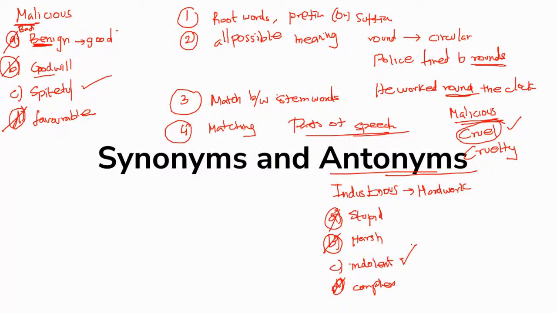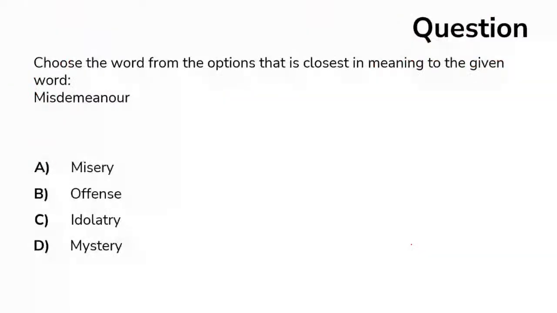So by the logic of these four tips to solve synonyms and antonyms, you can find out the answers for these. So moving on to the exercise part. This will be your first problem. Please try to give your answers, and I'll give you a minute to find the meaning of the words. Try to find the meaning of the words based on the root words, prefixes, suffixes.